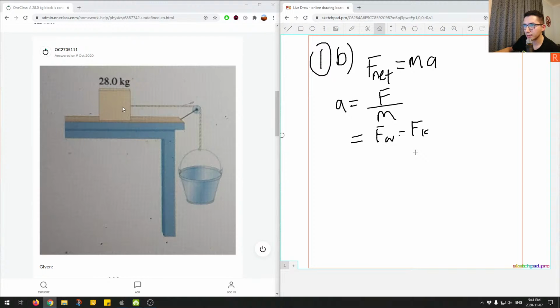You can also think about it from this block. So you can think about the force that's pulling this down is also over here as well, and it's going to be pulling it in this direction. So that's why we have Fw as positive, because it's going in this direction, and then Fk is negative because it's going in the opposite direction, from right to left.